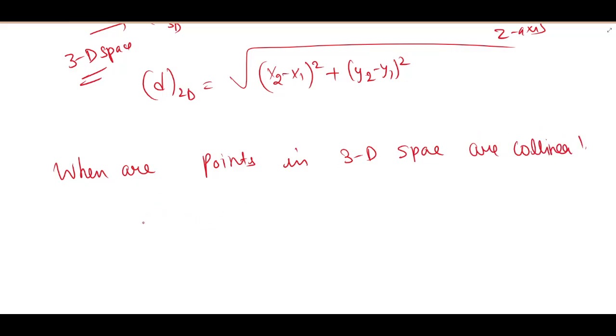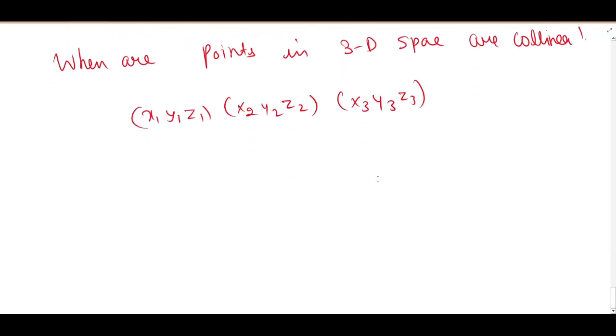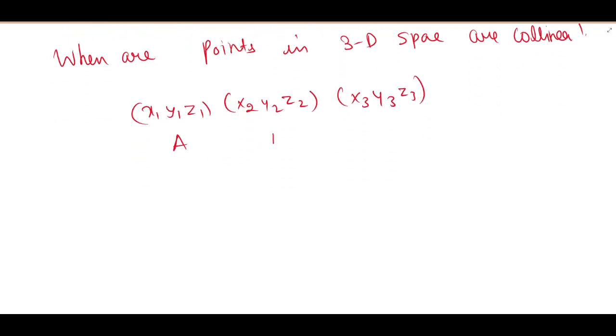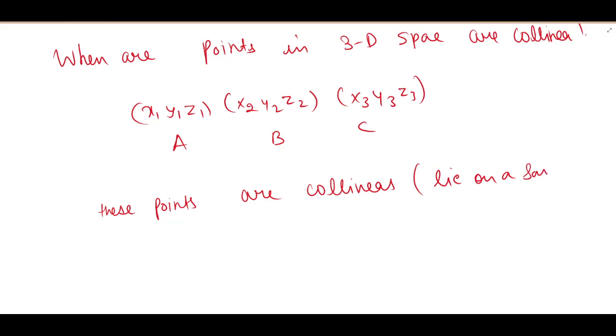Let's say we have three points x1, y1, z1, x2, y2, z2, and x3, y3, z3, and let these points be A, B, C. And these points are collinear when they lie on the same line.